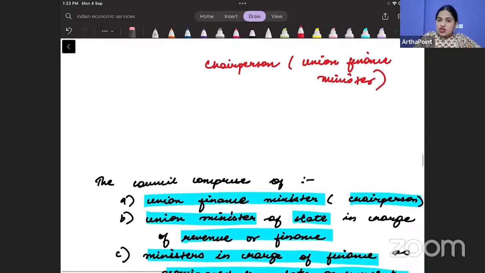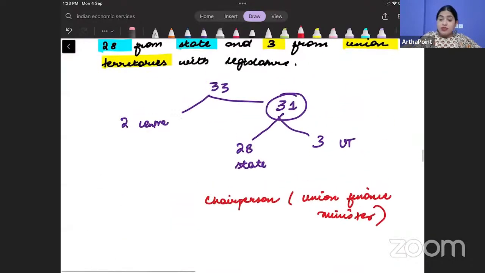Now currently, you have to also understand that under special conditions, you can declare a state to be a UT and a UT to be a state. You can change that. You have to tell me what exactly happened with Jammu and Kashmir, what became what. Okay, so search on it. So in that case, beta, wo change ho jayega.